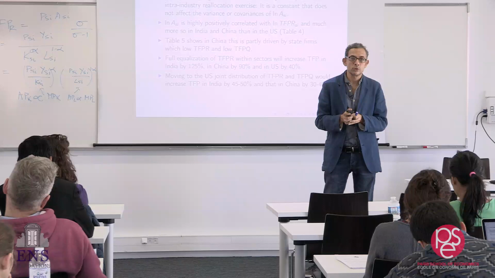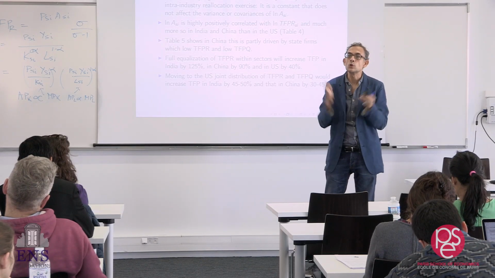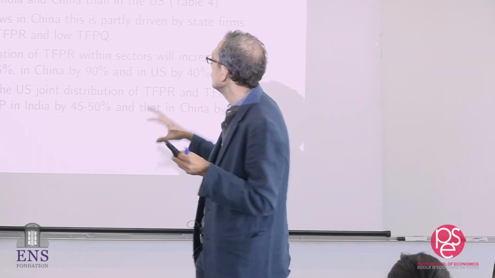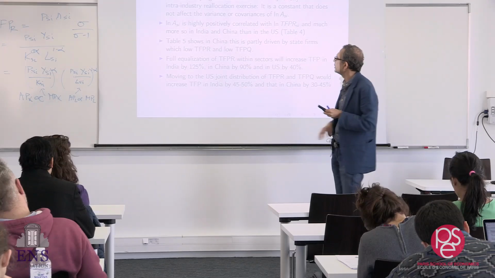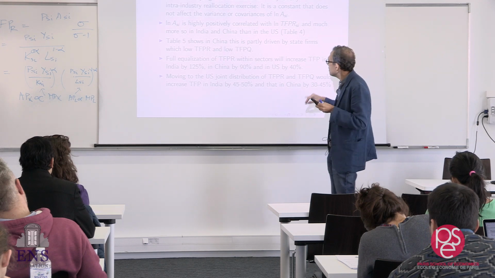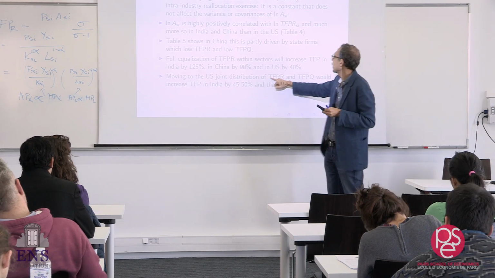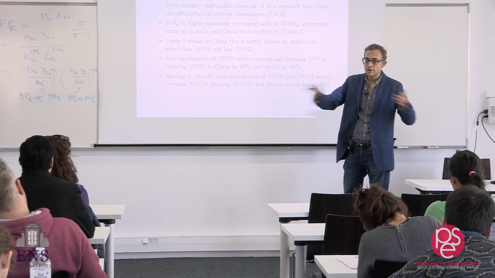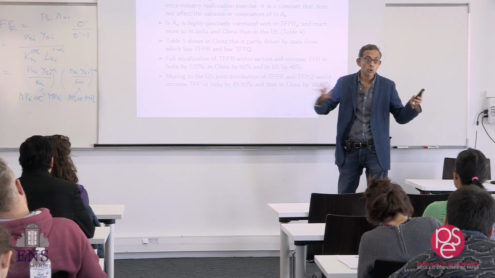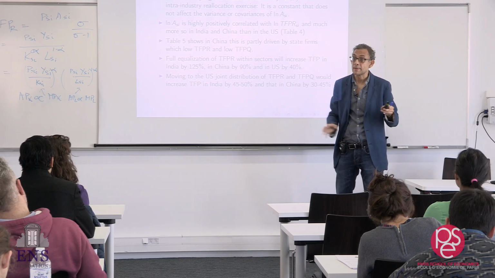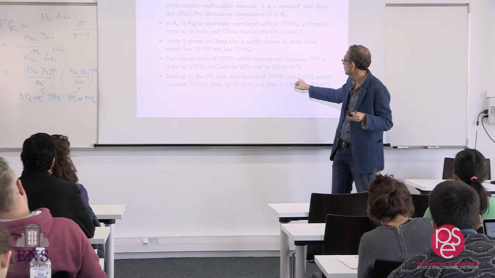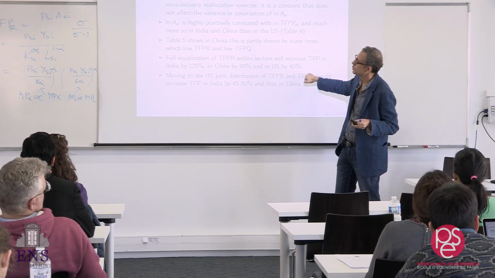The second exercise you can do is say that, look, maybe zero variation is probably not realistic. If we move to the US joint distribution of TFPR and TFPQ, so it varies as much as in the US, and the correlation is the same as in the US. TFPQ, remember, is just productivity.